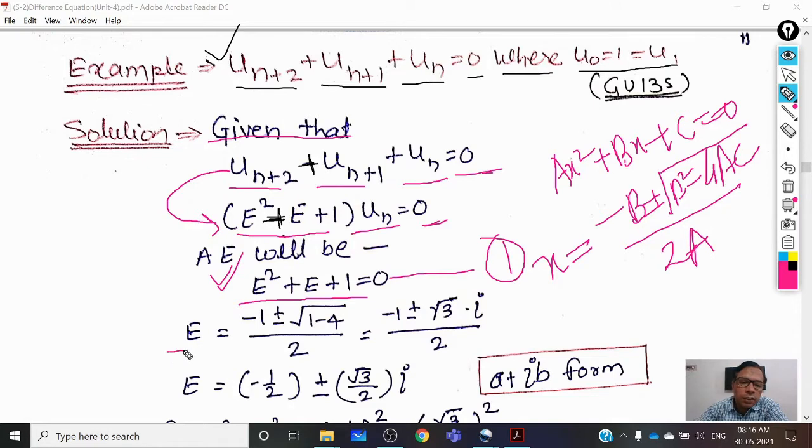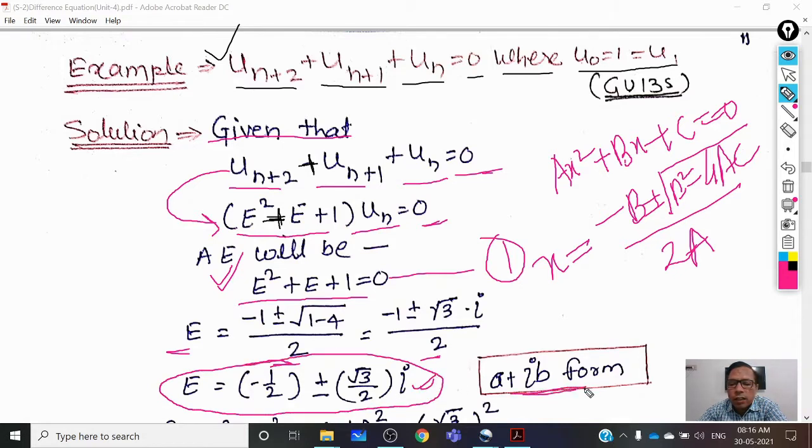So we have E equal to minus 1 plus minus under root 1 minus 4 upon 2, and finally simplifying, E equals minus 1 plus minus under root 3 i upon 2, and further we can write E equals minus 1 by 2 plus minus under root 3 by 2 i.